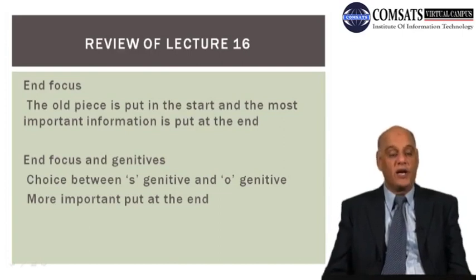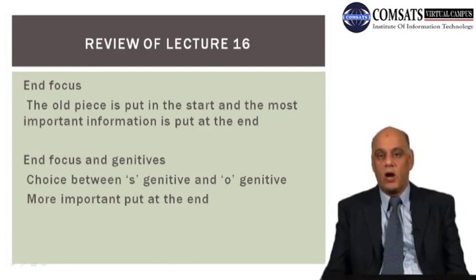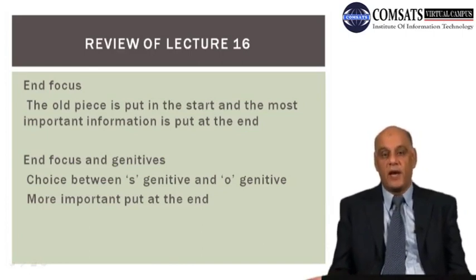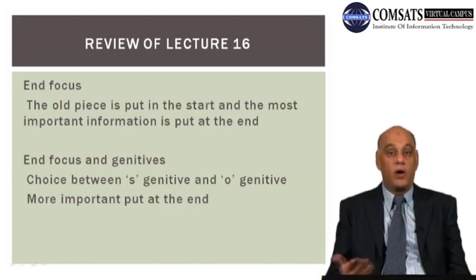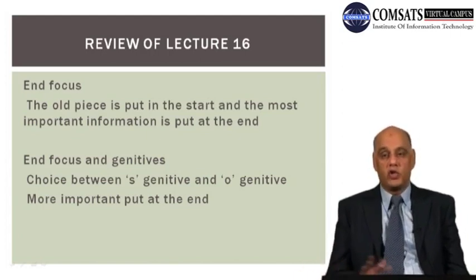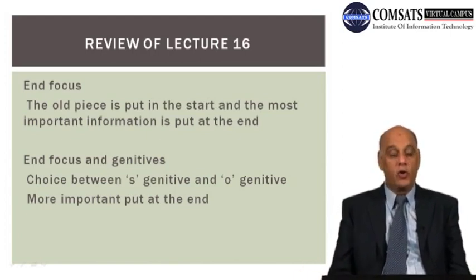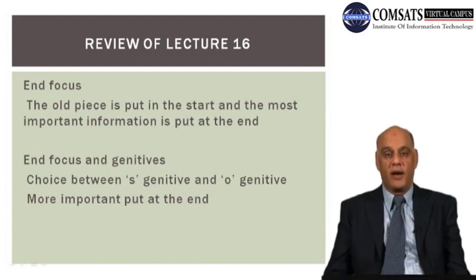And focus and genitives, that was the next transformation we discussed in the last lesson. The choice between S genitive and O genitive, the choice made about the possessives, like Ahmed's clothes, Ahmed's friends, or the legs of the table. So how do you make this choice? Here again you look at the more important thing. The more important agent is put at the end.